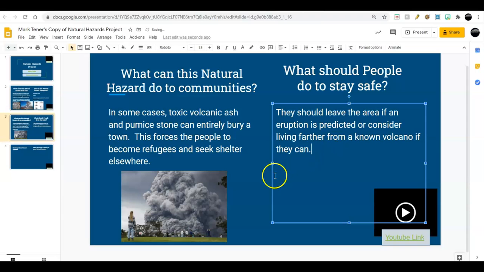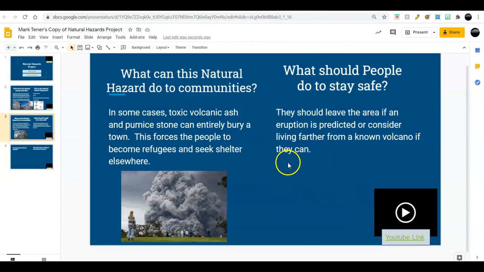People live where they're able to live. They can't always live in their first choice location, but if they can, they should. And they should live where they are safe.